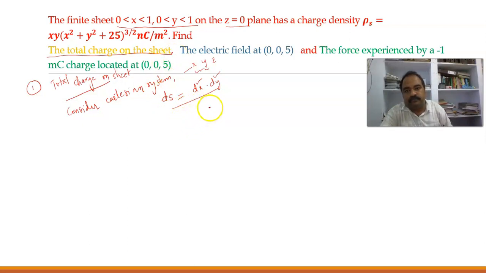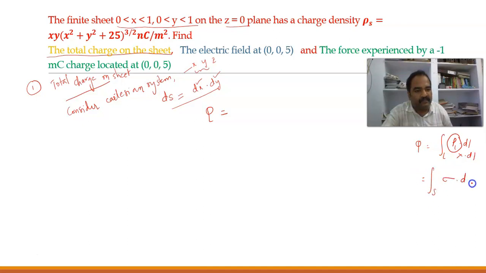Now, if I want to determine the q, then when a surface charge is given for me, I do have different formulas for q, right? When a line charge is given for me, I am supposed to integrate it over the line. So it can be written as rho L into dl, or sometimes it will be written as lambda into dl. Or if I do have a surface charge, sigma ds.